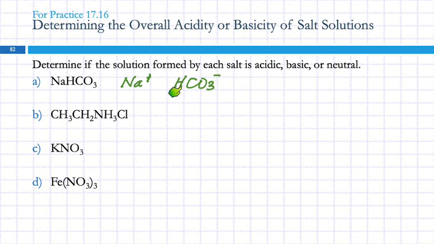Now, this can go on and lose a hydrogen, but we're not going to split this into 3 ions here, we're just going to do 2. Okay, so we've got sodium ion and we've got hydrogen carbonate ion. Does sodium ion act as an acid or a base? It's neutral, because it's related to sodium hydroxide, a strong base. So that's not going to do anything.